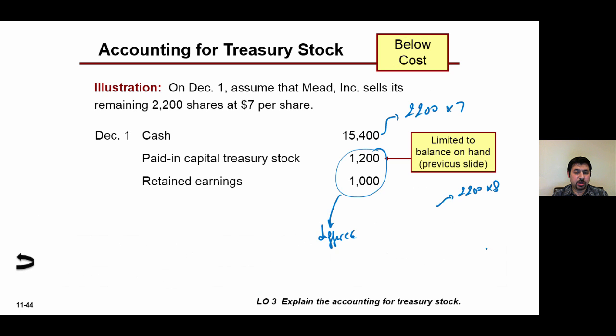Because the company only had $1,200 in paid-in capital, the company will debit paid-in capital from treasury stock 1,200 and will debit the remaining 1,000 to retained earnings. This is because we don't have enough in the balance of paid-in capital from treasury stock to cover the difference, so the company will take this money by debiting retained earnings.